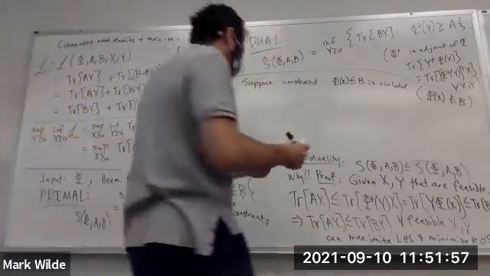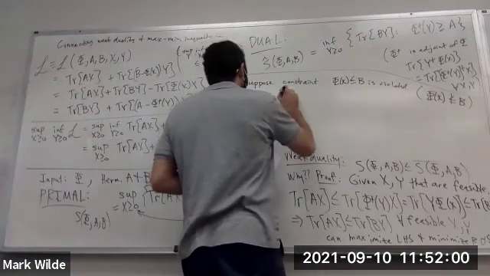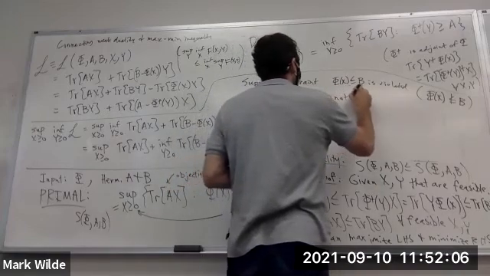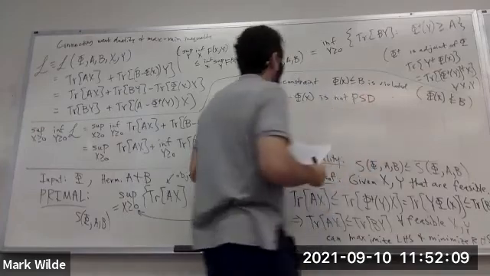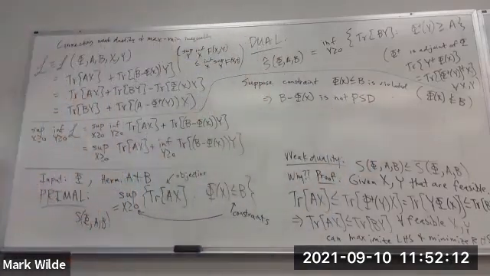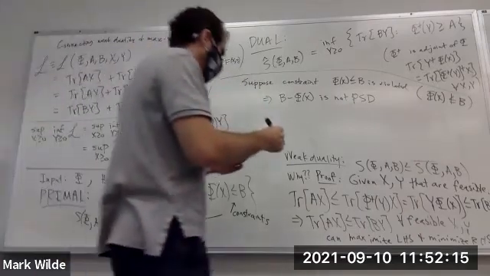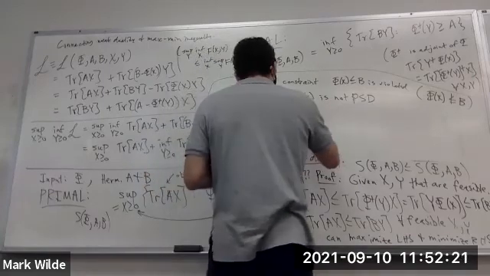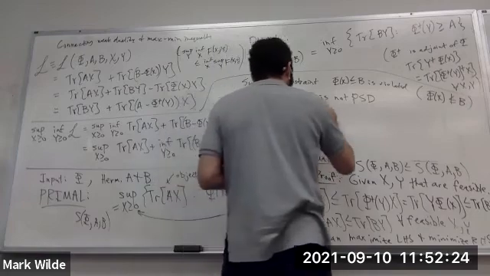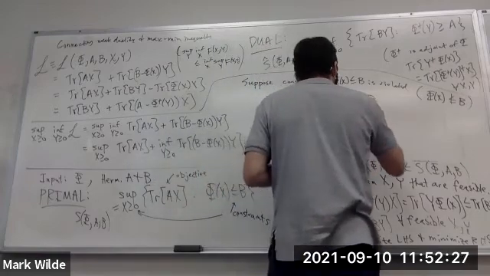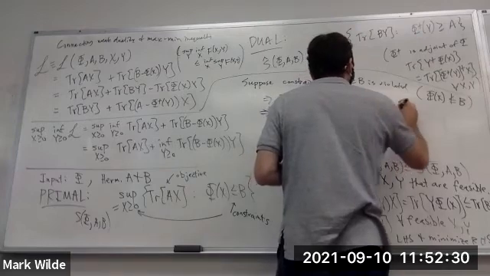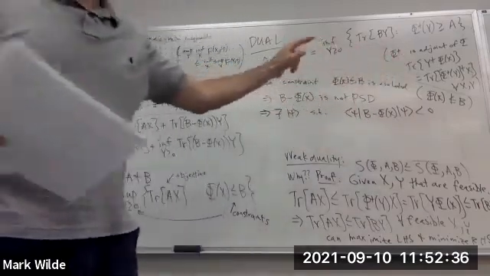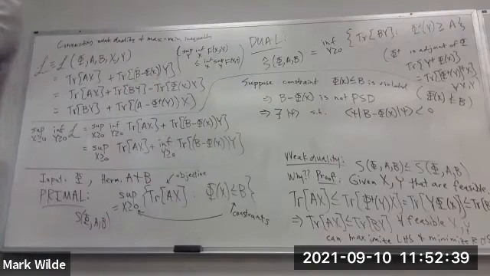So indeed, if it's violated, this means that B minus phi X is not positive semi-definite. So then we roll through the definition of what positive semi-definite means. Well, if it's not positive semi-definite, then that means there exists a vector psi such that this number you get is strictly less than 0, right? That's what it means.